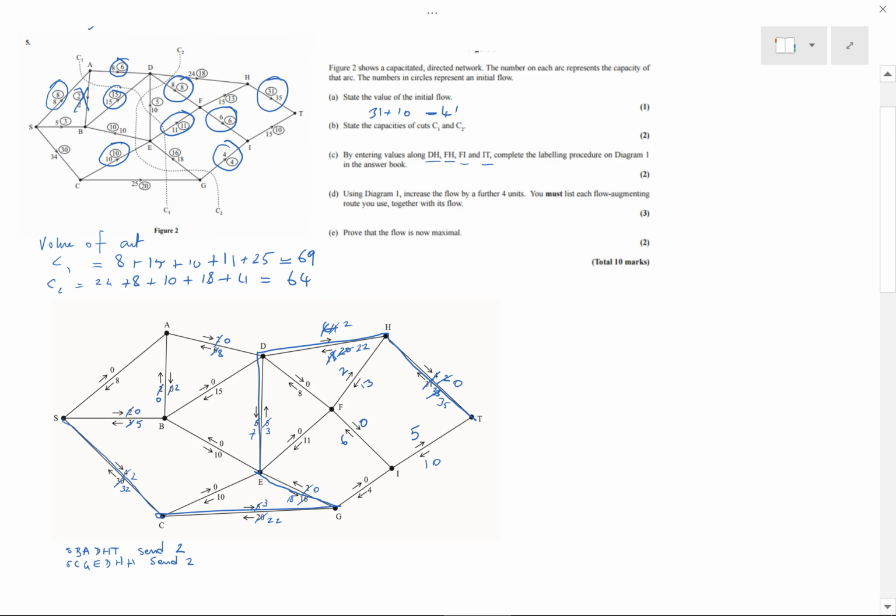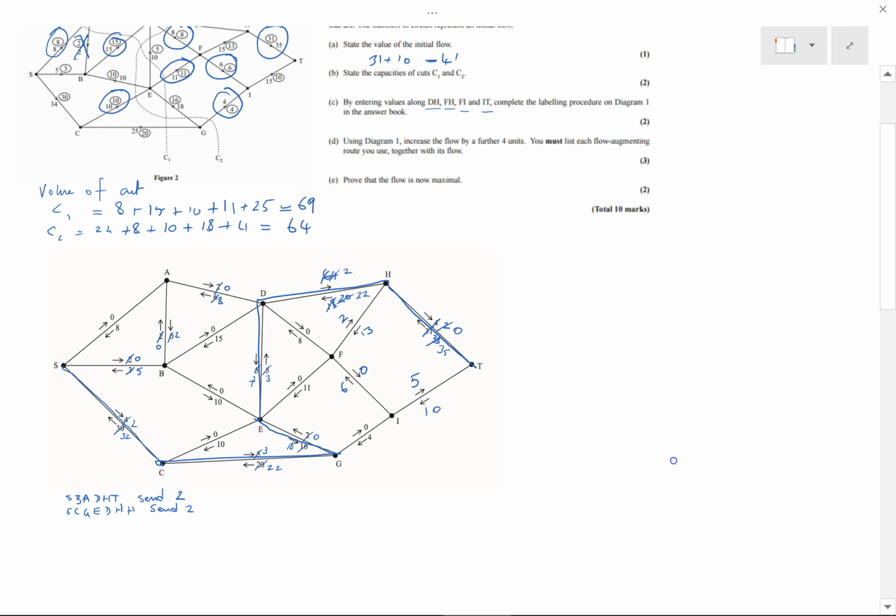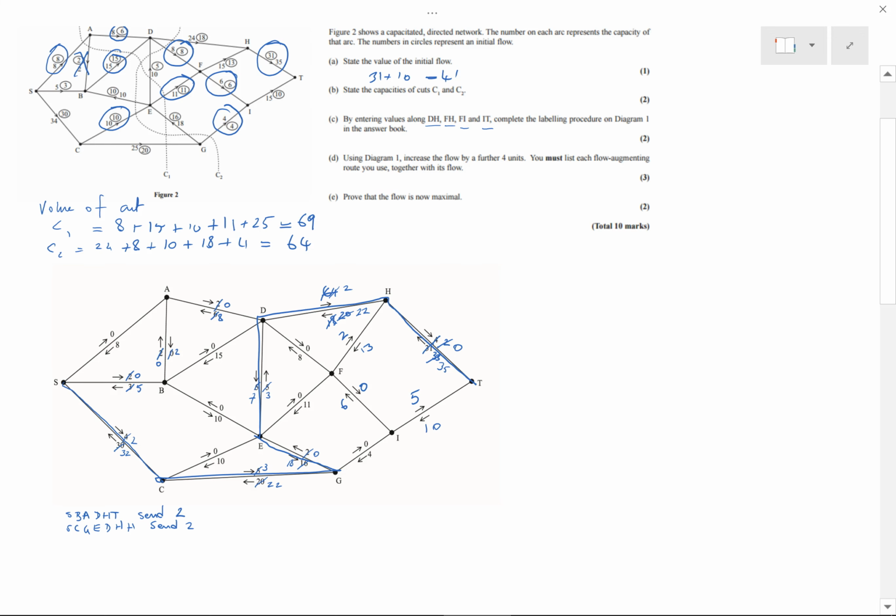Okay, now we want to show the new flow, which is equal to 35 plus 10, which is equal to 65. Basically, we've added 4 to the 61 we started with.